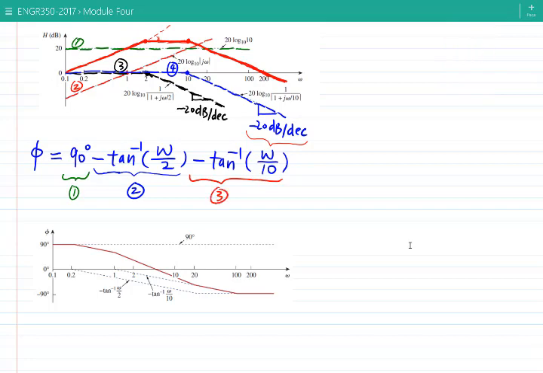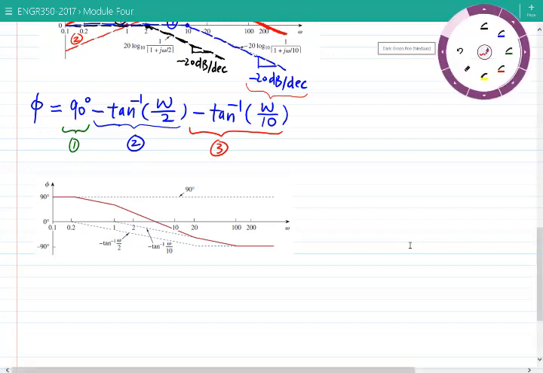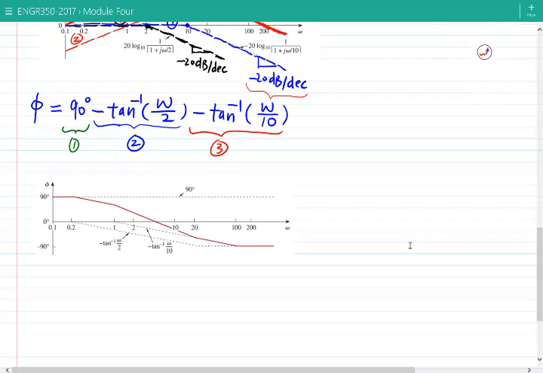So we have 3 terms. The phase angle for term number 1 is a constant 90 degrees.